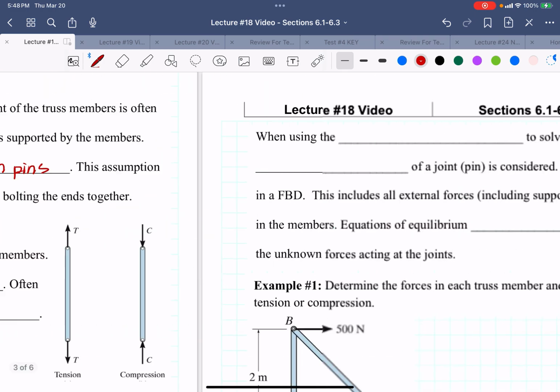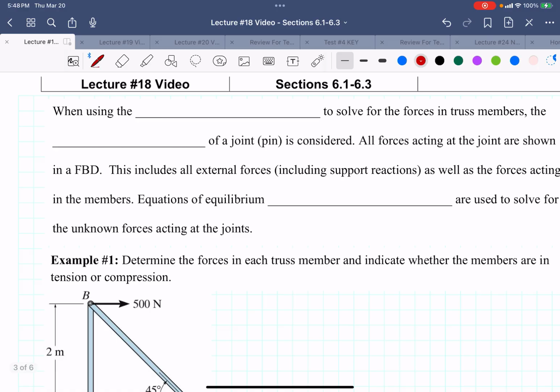All right, go on to our second page. So we are going to introduce this time what is called the method of joints.